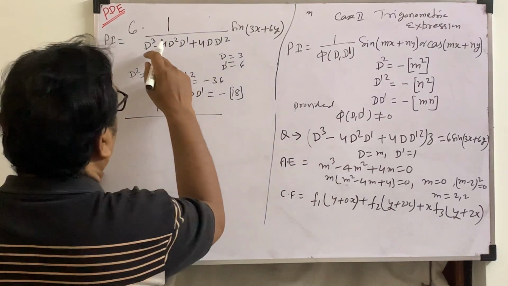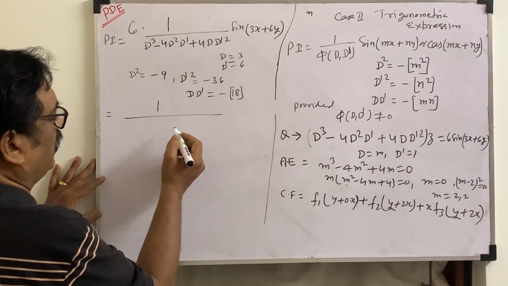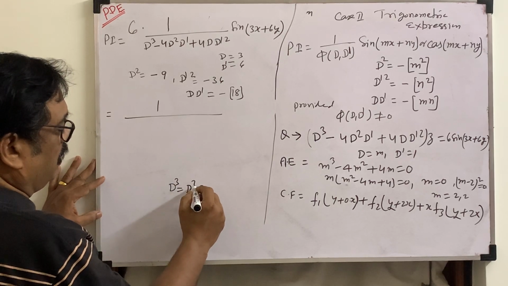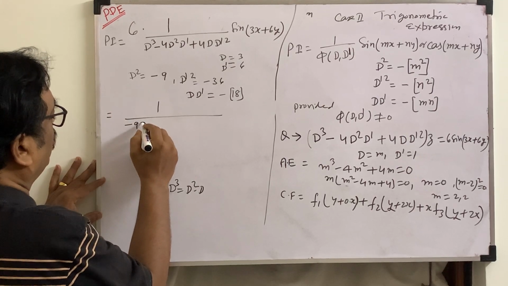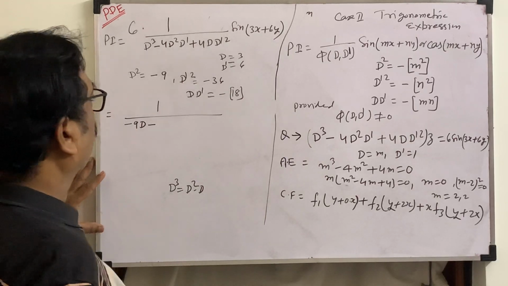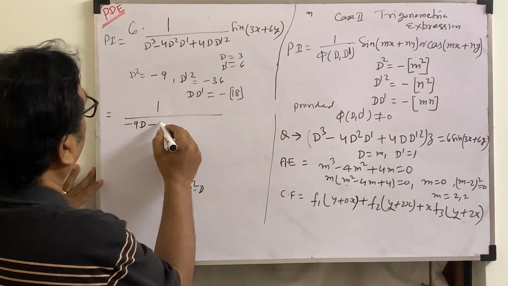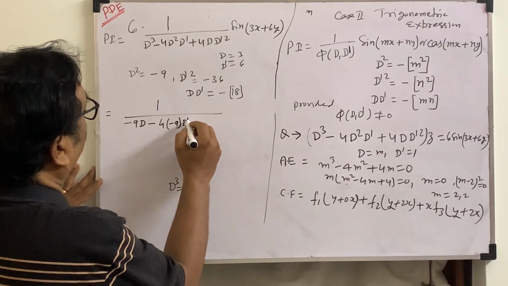Now substitute that. 1 by D cube; D cube we can write as D square into D. So the D square value will be directly minus 9, D as it is. Minus 4 D square D dash, D square is already there, so D square is equal to minus 9. So you write here 4 into minus 9, then D dash.